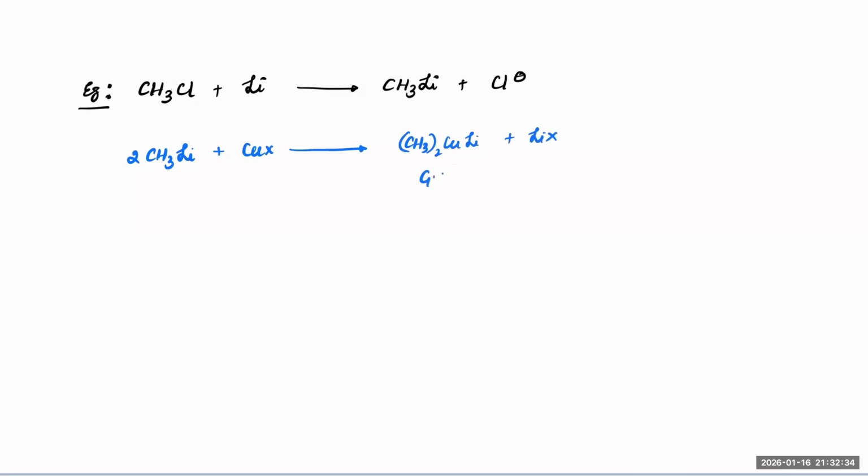This is Gilman's reagent, and that (CH3)2CuLi plus any alkyl halide. Let's say I take this propyl bromide. I will get this as n-butane, 2 moles, plus CuBr and LiBr. So this is the major product.